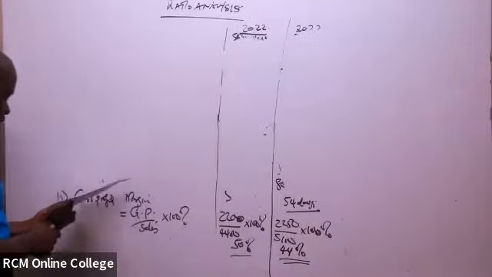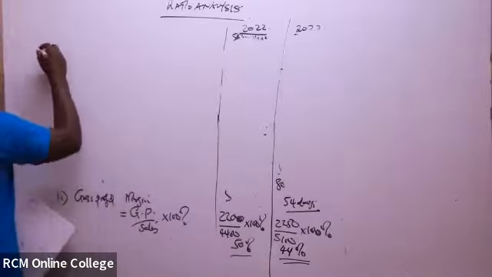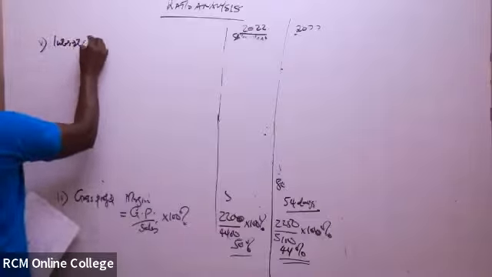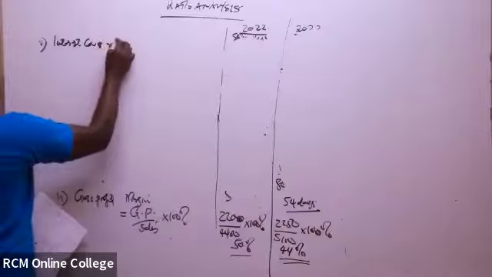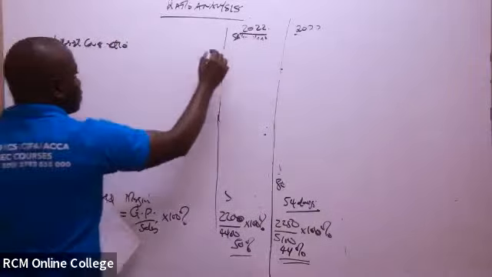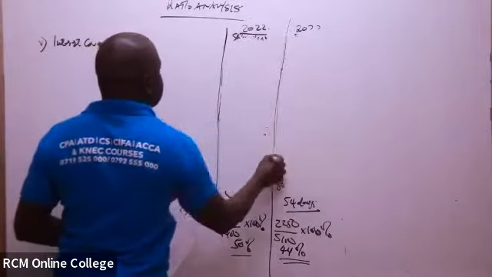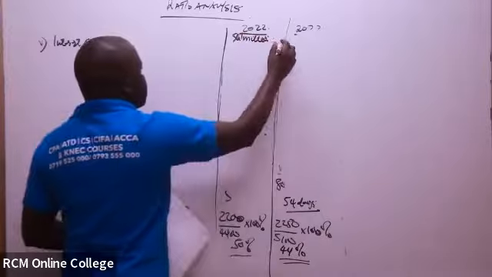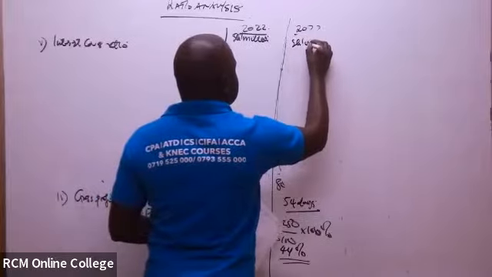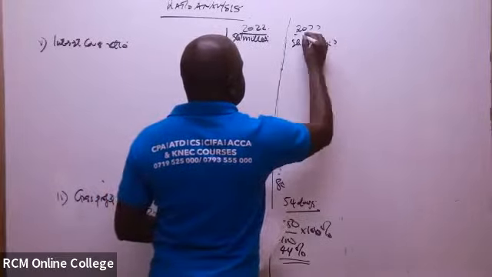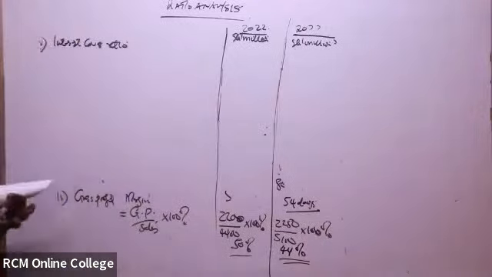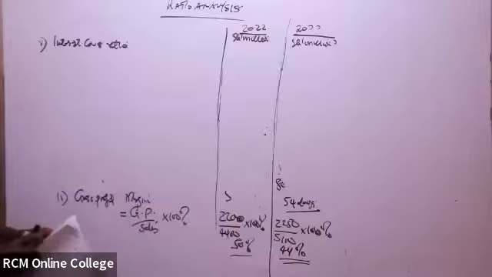What is the formula for interest cover ratio? So always be able to know the formula.